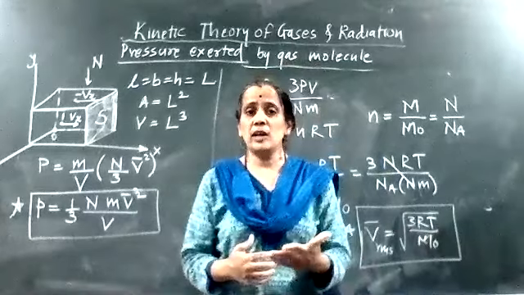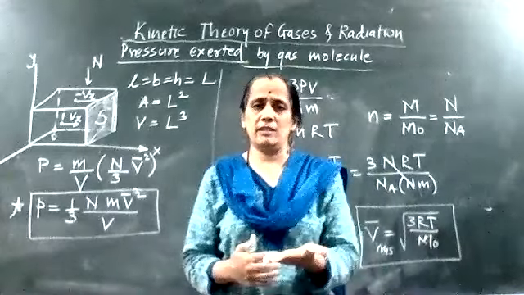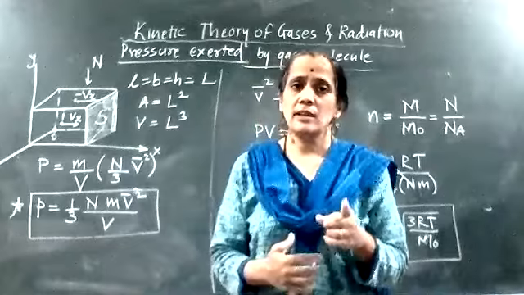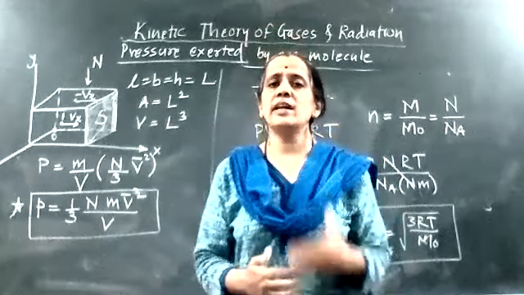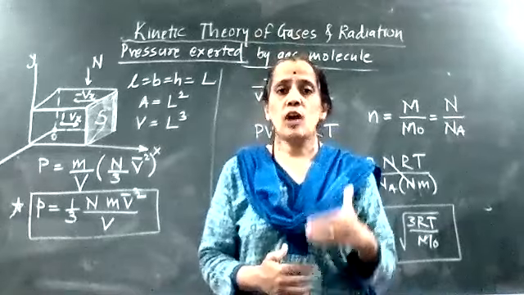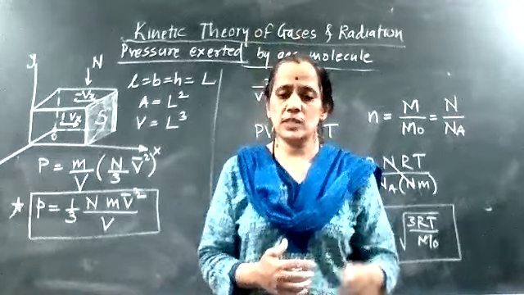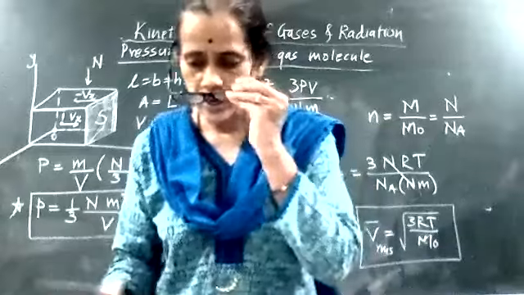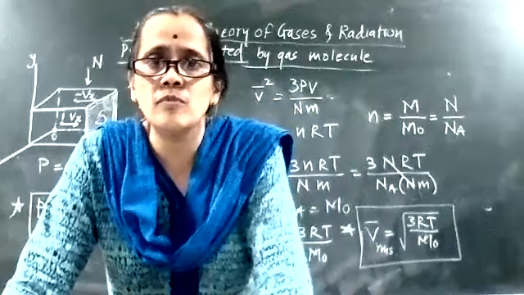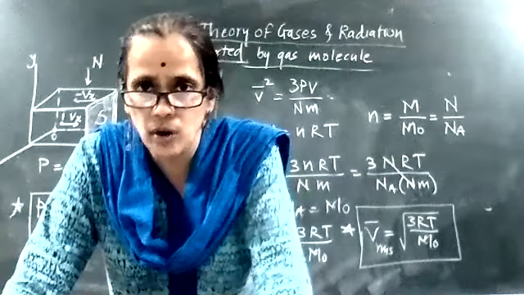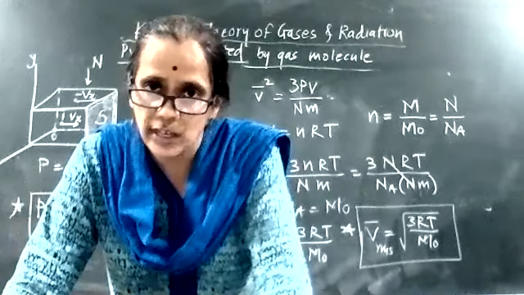The change in momentum of the wall of the container, which is 2mvx. And its rate means divided by T. So the average force is equal to 2mvx1 upon T. Now T is what?